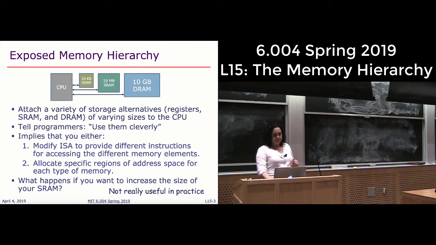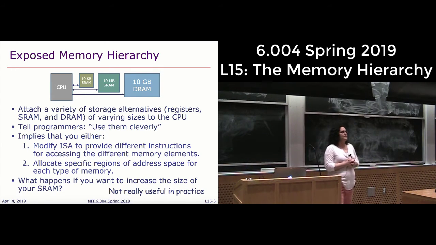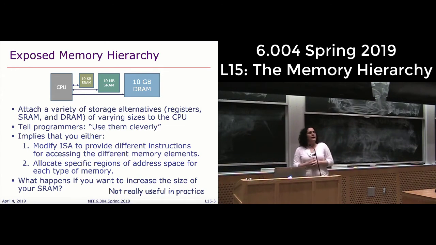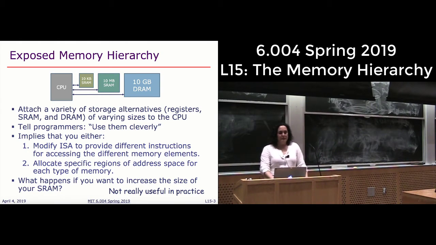All right. So let's consider some alternatives of how we can use this memory hierarchy in our system. Here I've shown you a CPU and three different levels or sizes of memory. We start with the smallest SRAM, which is a 10 kilobyte SRAM.